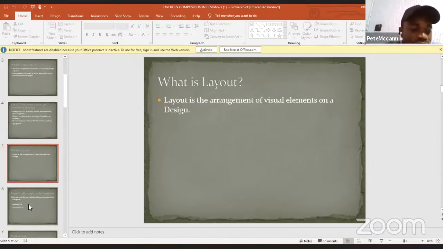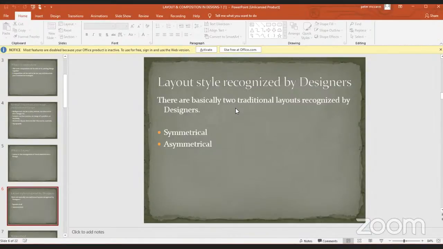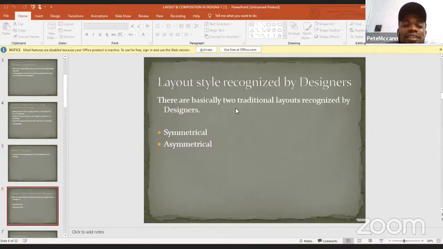Layout styles recognized by designers. There are basically two traditional layouts recognized by designers. They are symmetric and asymmetric. To my own understanding, I compose symmetrical designs. Symmetrical designs are designs that you centralize.